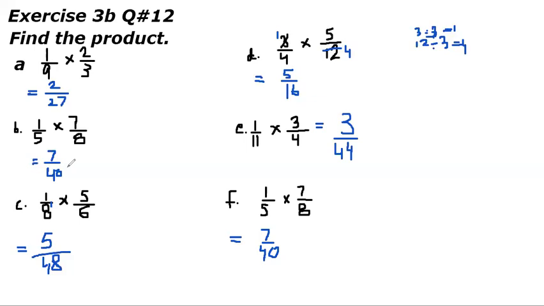If we cannot make cancelling, as in case of A, B, C, E and F, simply do the multiplication. But in D part we can do the cancelling, so we have to cancel. So this was the short summary of this question and I hope you can understand it.